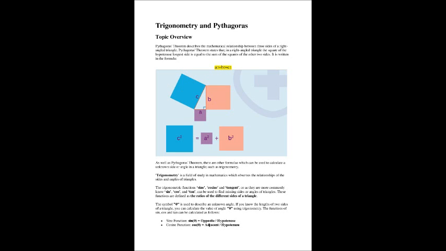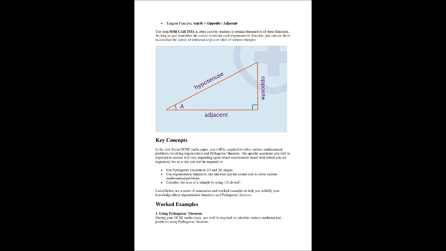As well as Pythagoras' theorem, there are other formulae which can be used to calculate an unknown side or angle in a triangle, such as trigonometry. Trigonometry is a field of study in mathematics which observes the relationships of the sides and angles of triangles.